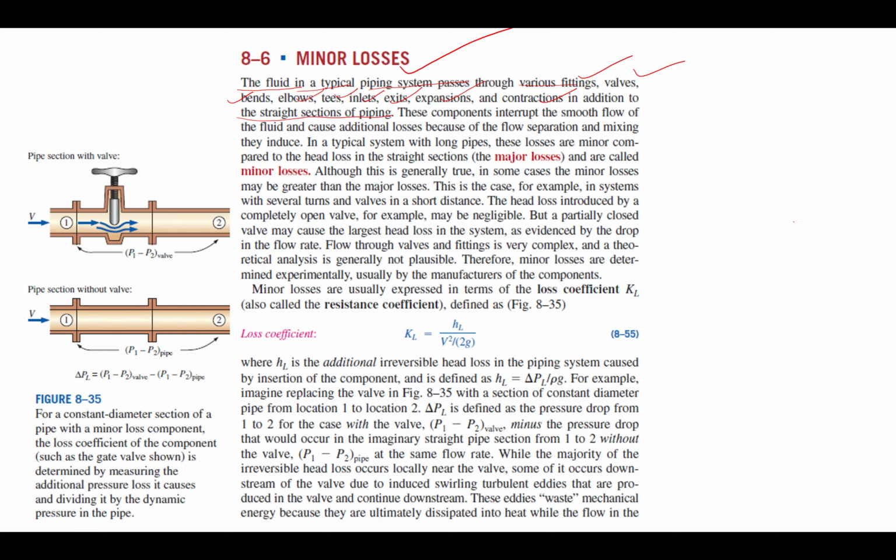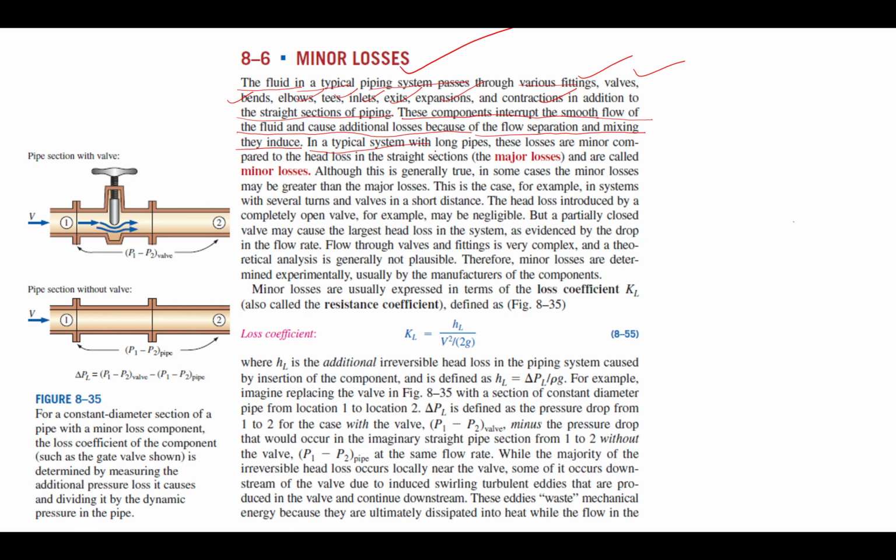So you will find all these things in the pipe system. These components interrupt the smooth flow of the fluid and cause additional loss because of the flow separation and mixing they induce.